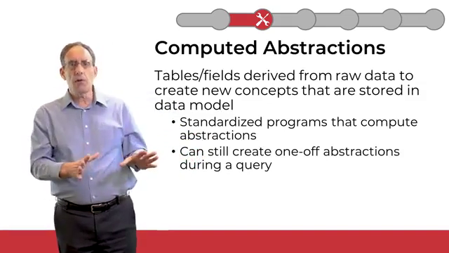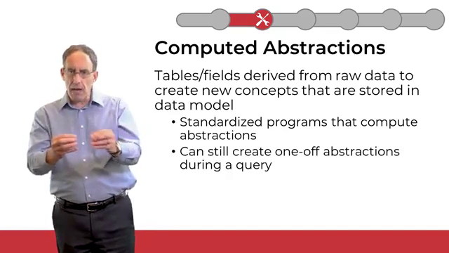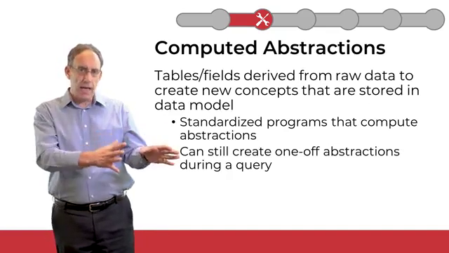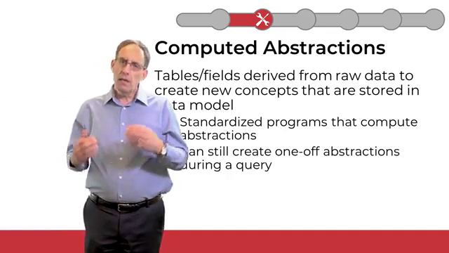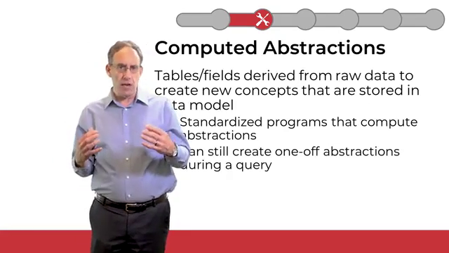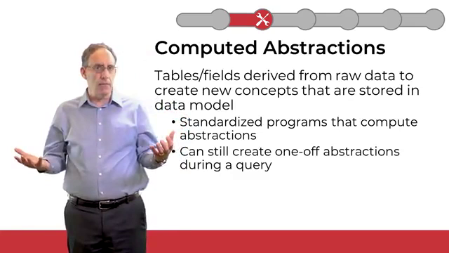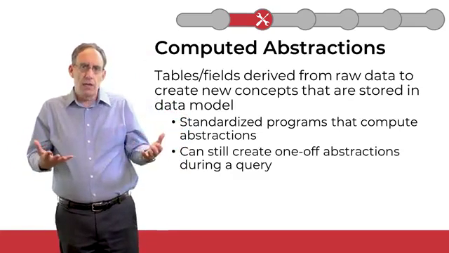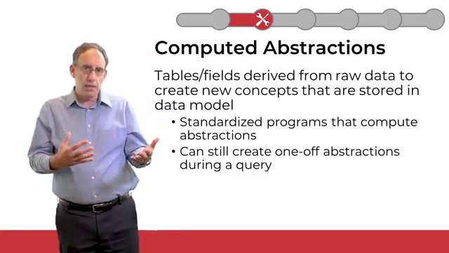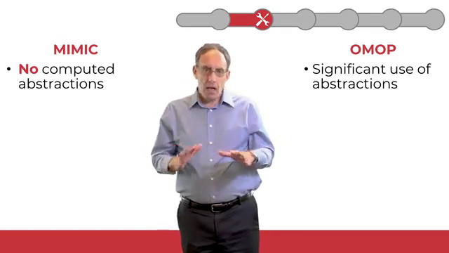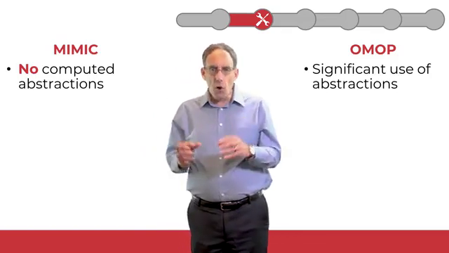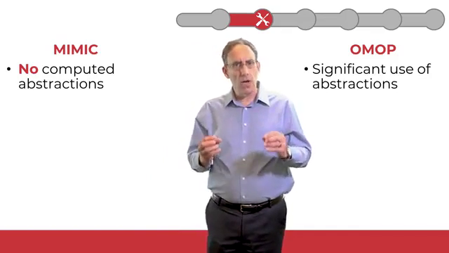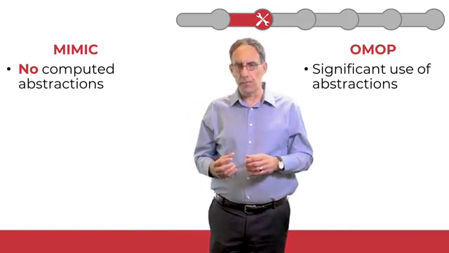These standardized programs ensure that the computed abstraction is executed exactly the same manner in all instances of the CDM. In contrast, one-off abstractions are defined by the analytics team, and they can be different across projects or analysts. MIMIC has no computed abstractions in its data model, whereas OMOP makes significant use of computed abstractions.